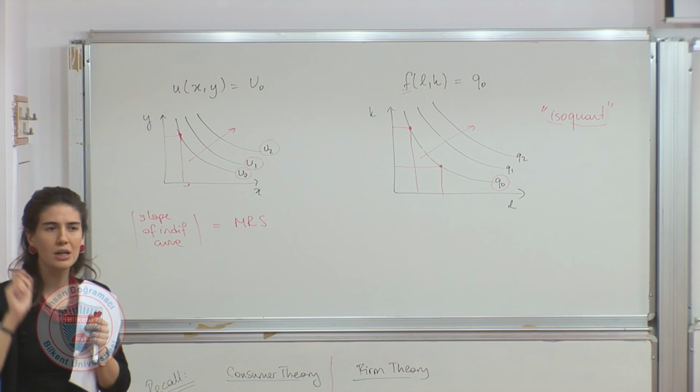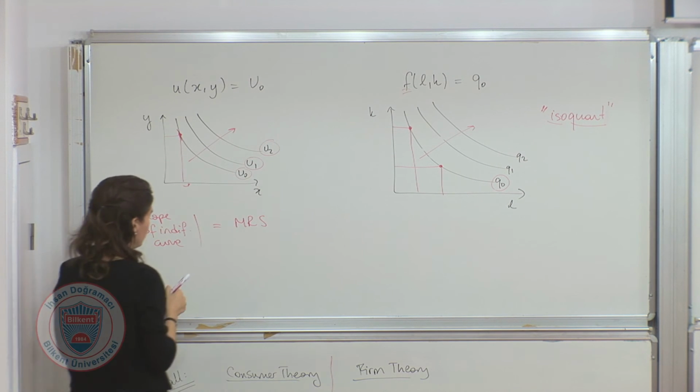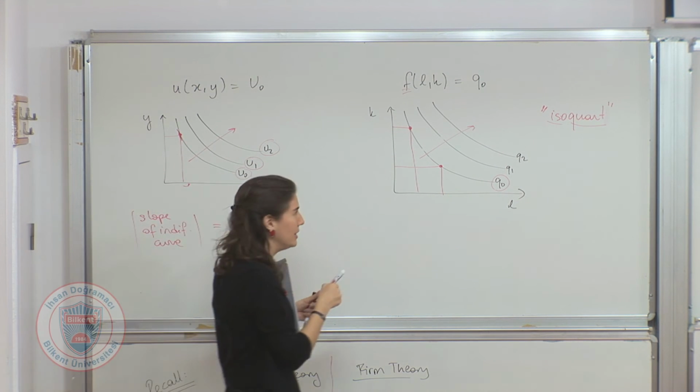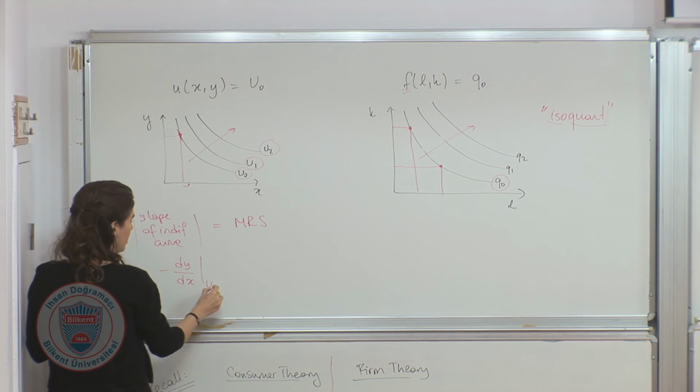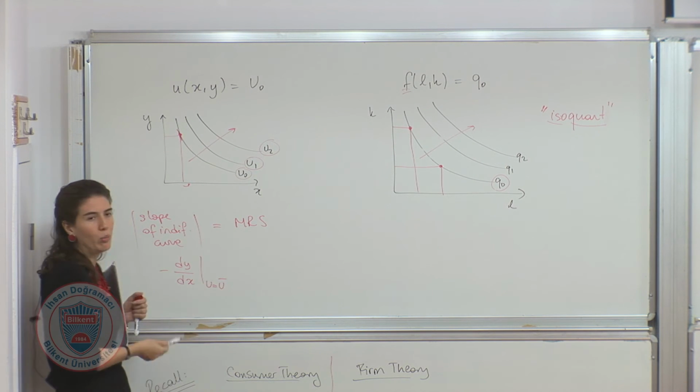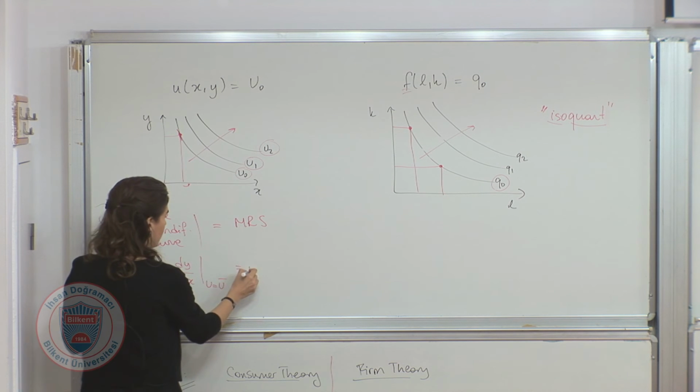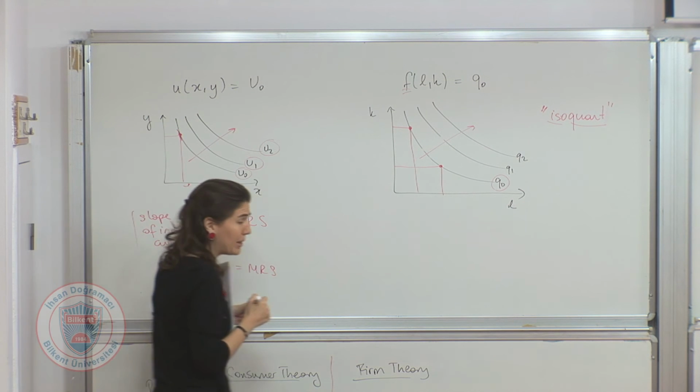So that was the idea of the marginal rate of substitution. It was basically minus dy/dx when you keep the utility level at u bar or u0. Okay, so this was called MRS.